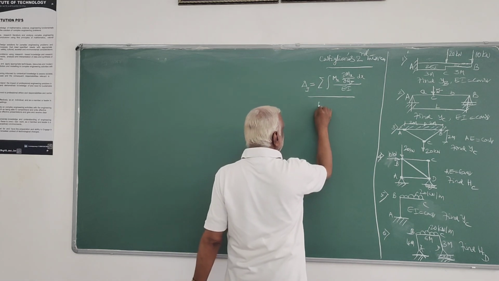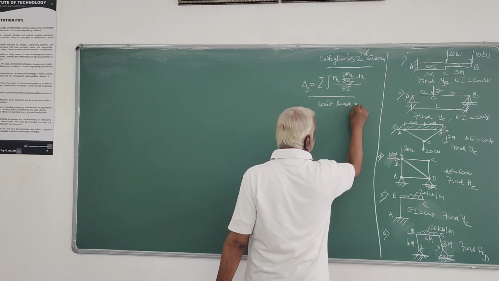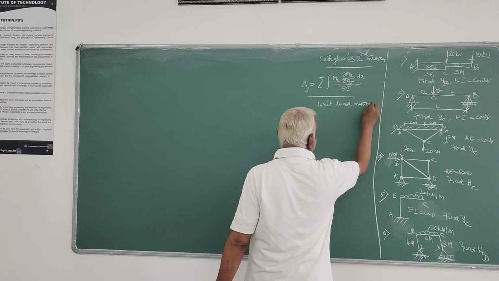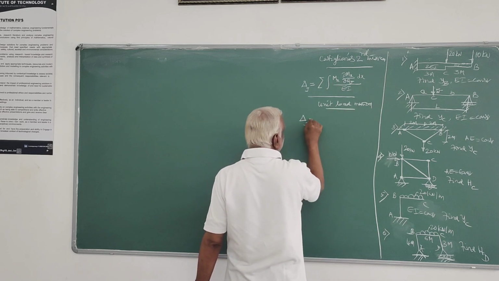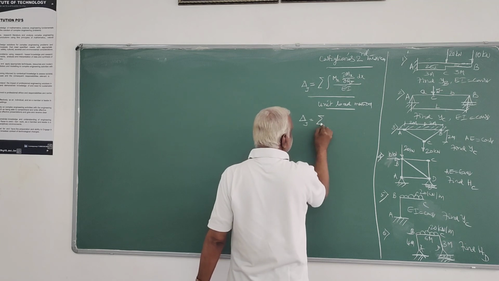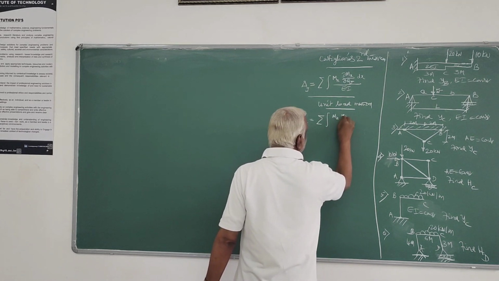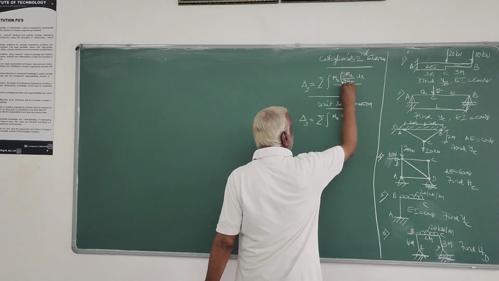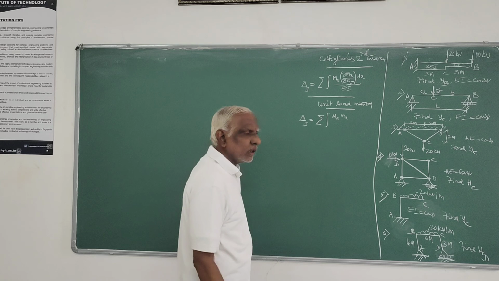And for the unit load method, on similar lines, displacement at any coordinate delta_j is given by the integral of M_x, small m_x. Instead of partial M_x by partial Q_j, you have small m_x.